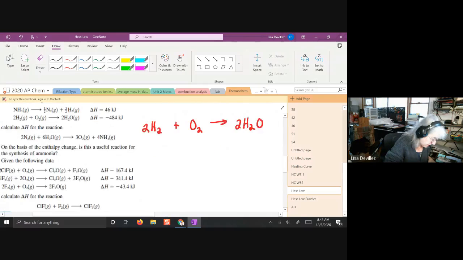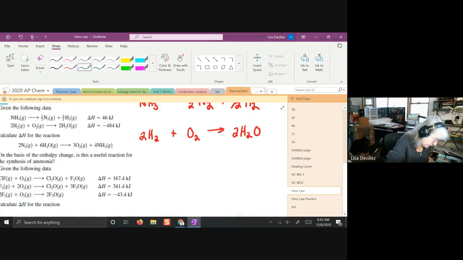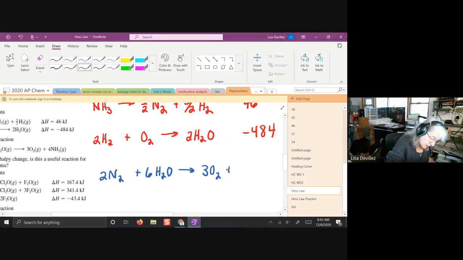Okay, and now the equation I'm wanting to find the delta H for is 2N2 plus 6H2O gives me 3O2 plus 4NH3.